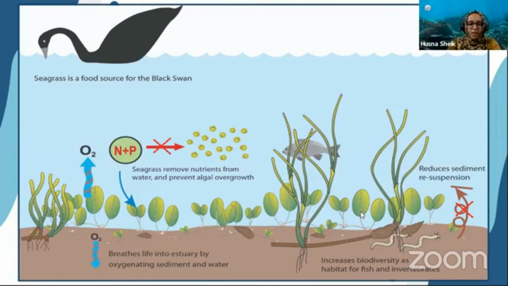If you imagine there's no seagrass patch, with waves and water currents all these beds are disturbed and the sediment comes up into the water column. That negatively impacts the clarity of the water. So seagrass does a great job by reducing the resuspension of the sediment.